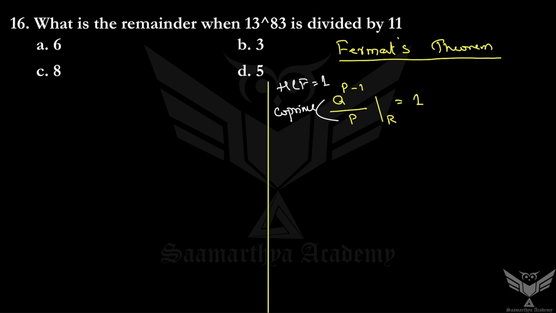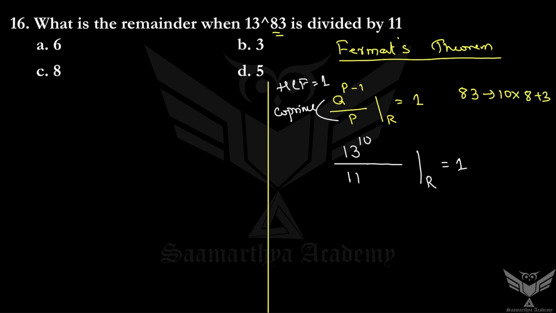Now, if I want to write the given question in this format, I am dividing by 11. 13 power something. If that 13 power was actually 10, remainder would have been 1. But the actual value is 83. But 83, I can write as 10 into 8 plus 3.